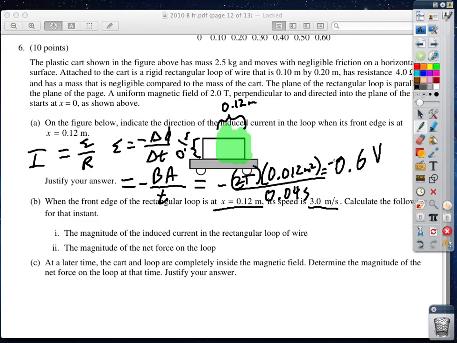When we plug that in and divide by the 4 ohms, we get a current of negative 0.6 volts divided by 4, so 0.15 amps, or negative 0.15 amps.